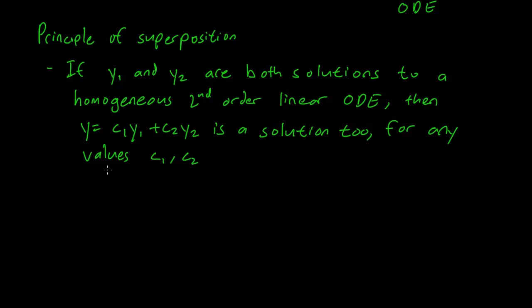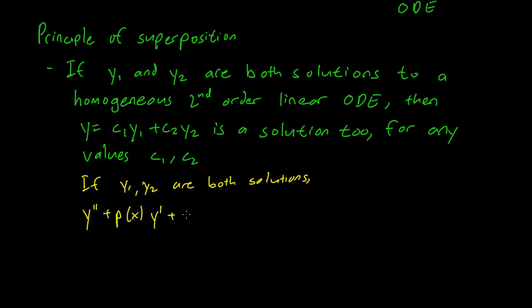So you see that if y1 and y2 are both solutions, then let's look at what happens at y double prime plus p(x) y prime plus q(x) y. Okay, so you know that y equals c1 y1 plus c2 y2, so we can just plug that in for the values of y.